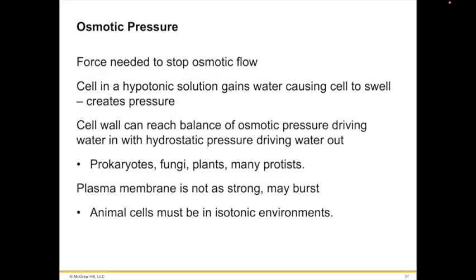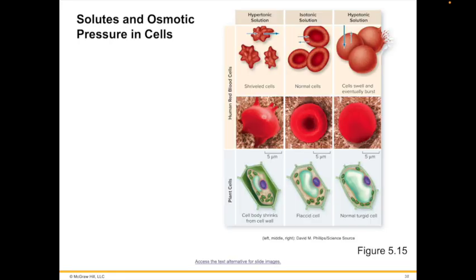Accordingly, it is important for animal cells, which only have plasma membranes, to maintain osmotic balance. In contrast, the cells of prokaryotes, fungi, plants, and many protists are surrounded by strong cell walls which can withstand high internal pressures without bursting.